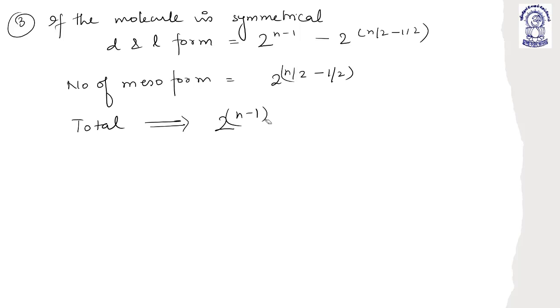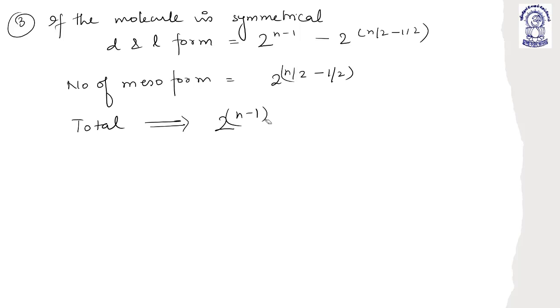So these are about the diastereomers. Then the optical isomerism shown by compounds not having a chiral carbon. So this is all about it, and we have to discuss the racemic mixture and resolution. They are the last topics.